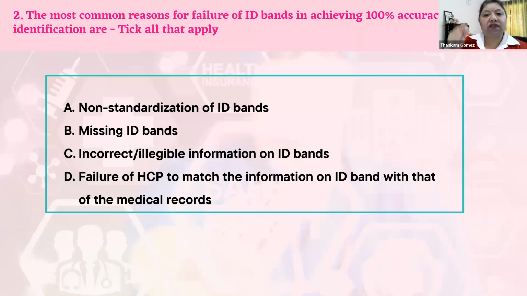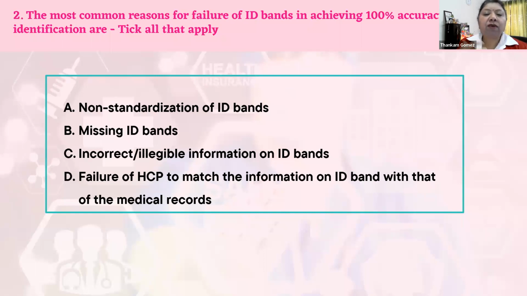The information which is on the ID band is the identifier: the name and the UHID. UHID number, MR number, whatever number you call it, there are two identifiers there, and there may be more information. What you use is the name and the UHID of the patient, and you are expected to match that information with the medical records.